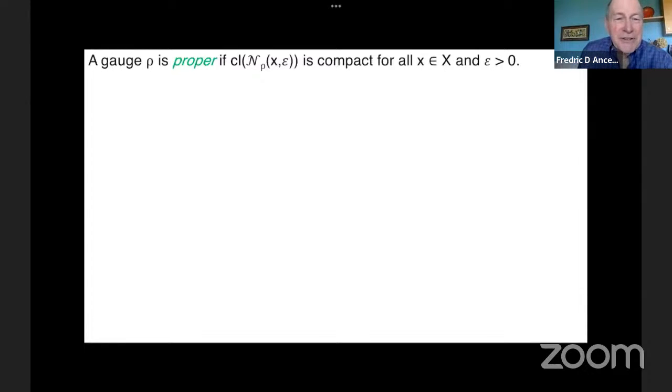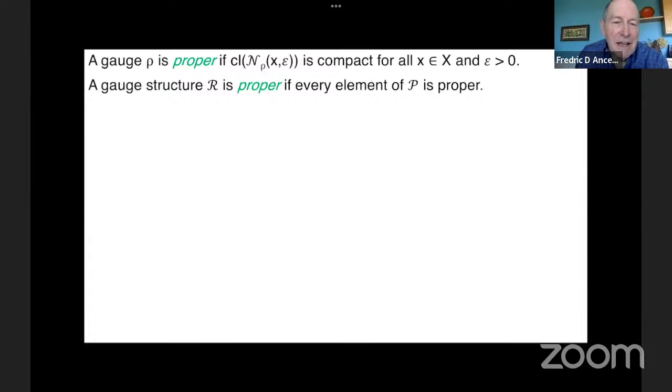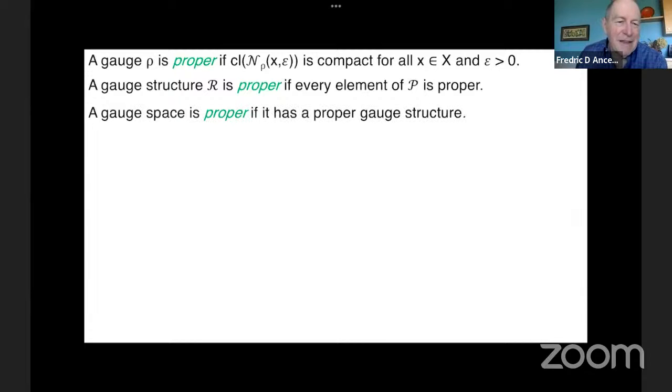In particular, in geometric group theory, they're typically interested in proper group actions. So what does that mean? Well, a gauge is proper if the closure of every epsilon neighborhood is compact for finite epsilon. That makes the space locally compact. A gauge structure is proper if each of its elements is proper, and a gauge space is proper if it has a proper gauge structure.